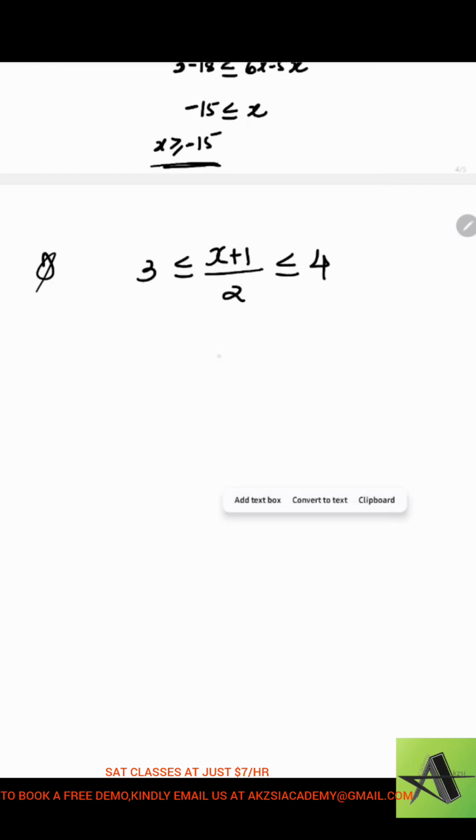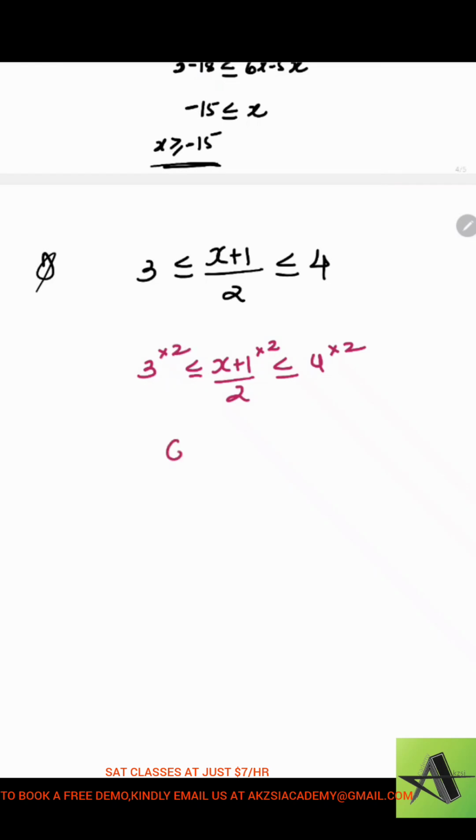If I'm multiplying this with 2, I have to multiply every side with 2 as well. 6 less than or equal to x plus 1 less than or equal to 8.